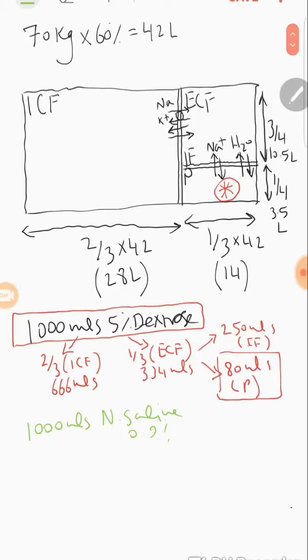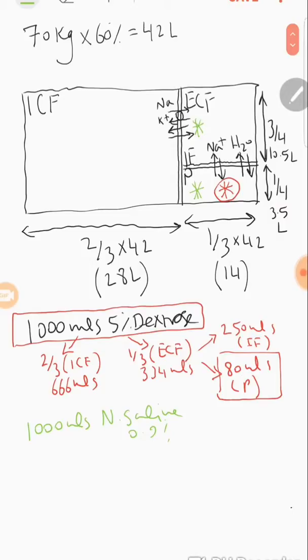Well, this is going to be infused into the plasma, and the water and the sodium then infuse freely into the interstitial fluid. So the water and the sodium get distributed throughout the extracellular fluid.